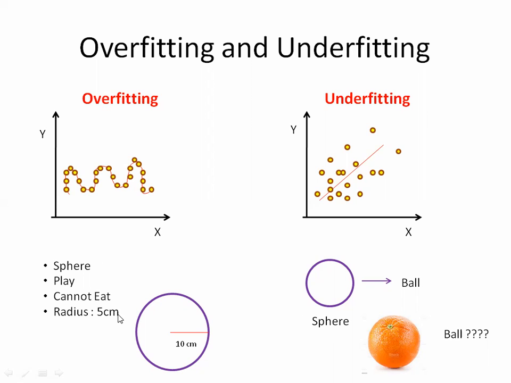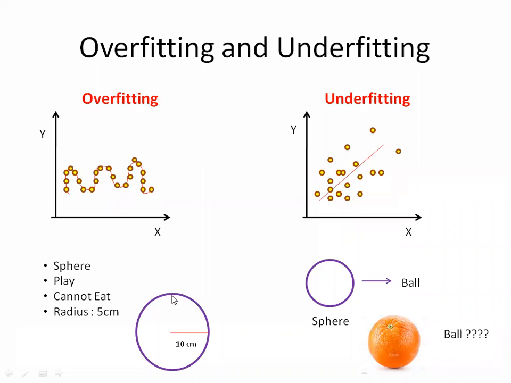Now in the case of overfitting, we have considered these attributes: it is a sphere, we can play with that shape or object, we cannot eat that object, and the radius is 5 centimeters.